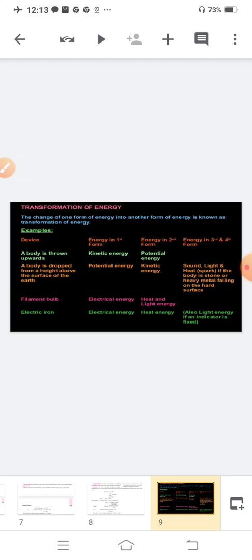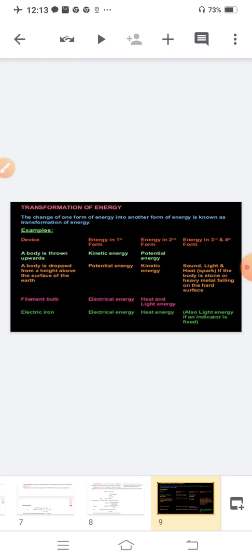When a body is released from a height, then the potential energy of the body is gradually transferred into kinetic energy, because before falling, the body is at rest. The body is at some position, and whatever energy that object has due to its position is potential energy.